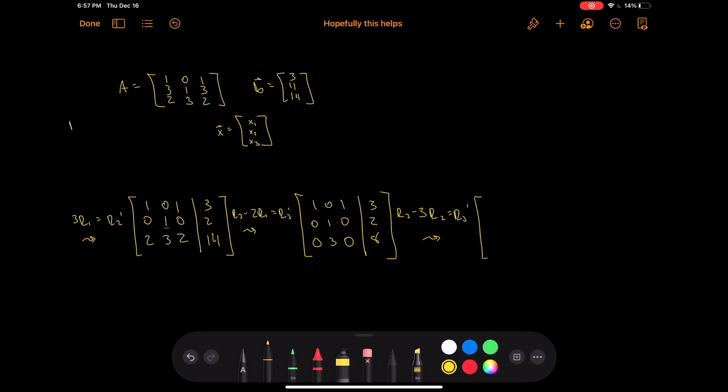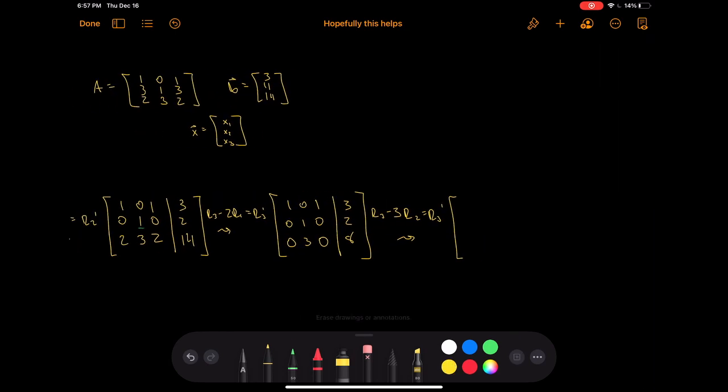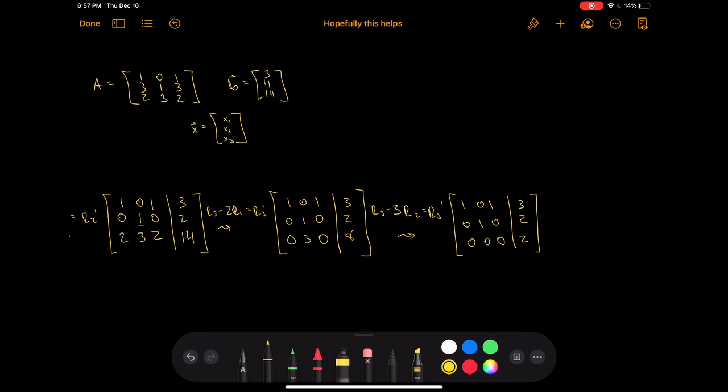And that will give us 1, 0, 1, 0, 1, 0, and then 3, 2 on the side, 0, 0, 0. And 8 minus 2 times 3 is 6, which is 2. And this gives us something interesting.